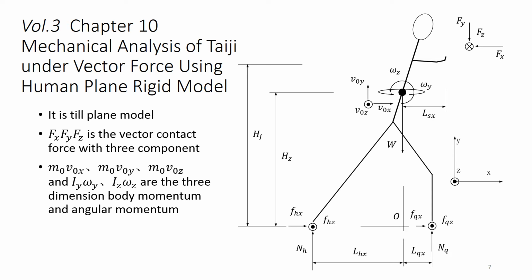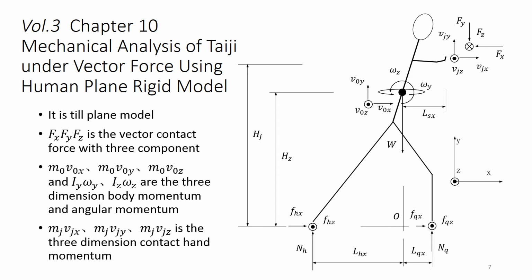M0 V0x, M0 V0y, M0 V0z, and Iy omega y, Iz omega z are the 3-dimension body momentum and angular momentum. Mj Vjx, Mj Vjy, Mj Vjz is the 3-dimension contact hand momentum.